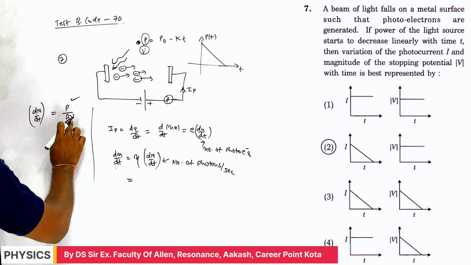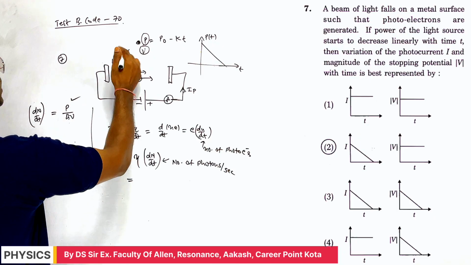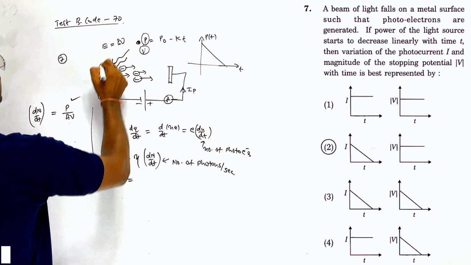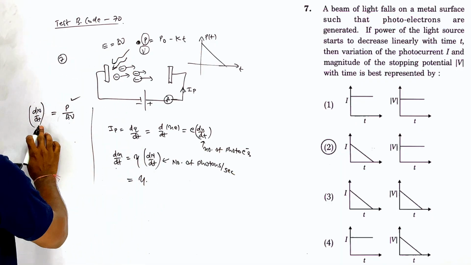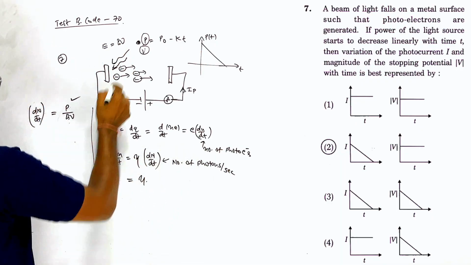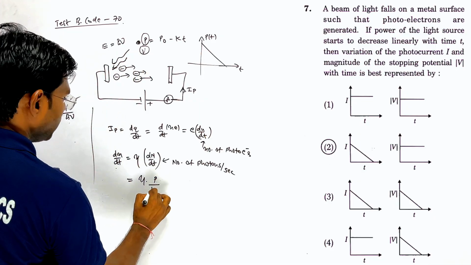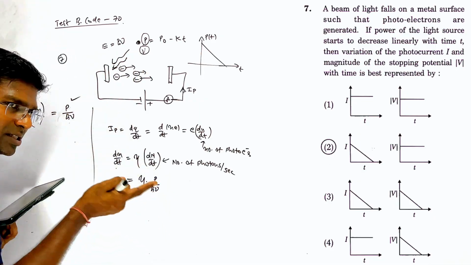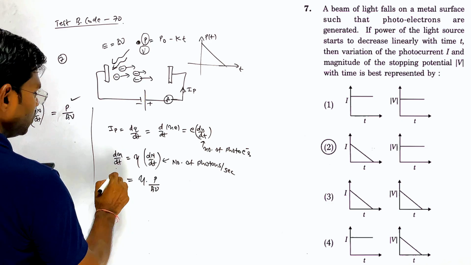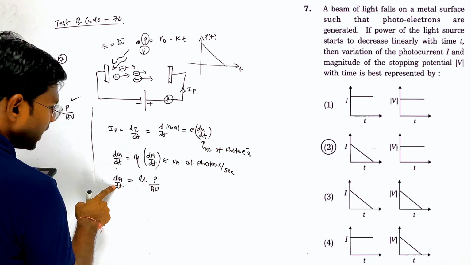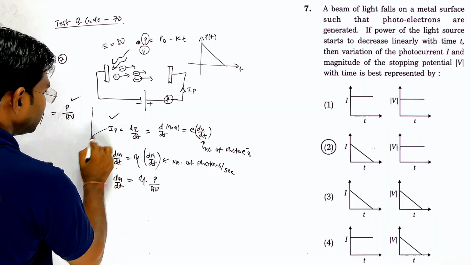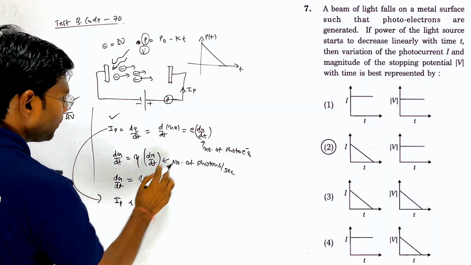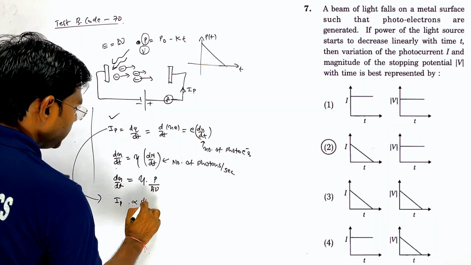It depends upon the power divided by h mu, where h mu is the energy of one photon. So eta into dn upon dt is the number of photons incident per second, which is P upon h mu. So the number of photoelectrons per second depends upon the power, and the photoelectric current depends upon dn upon dt.